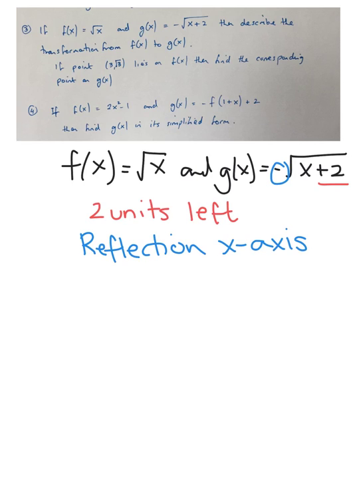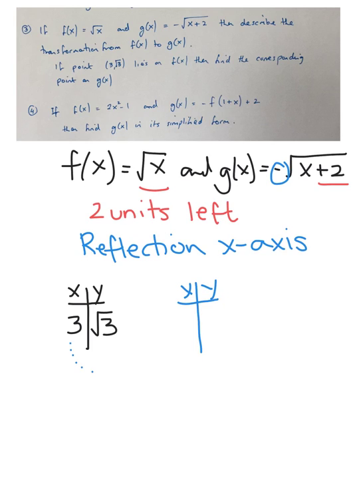And we're given the point 3, root 3. And if you just check into this function up here, if x is 3, then y would be root 3. So the corresponding point on the graph of g of x would be 2 units to the left.